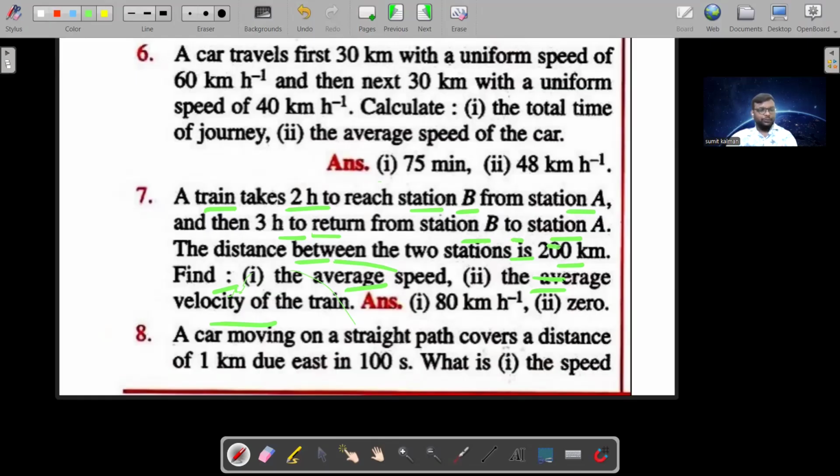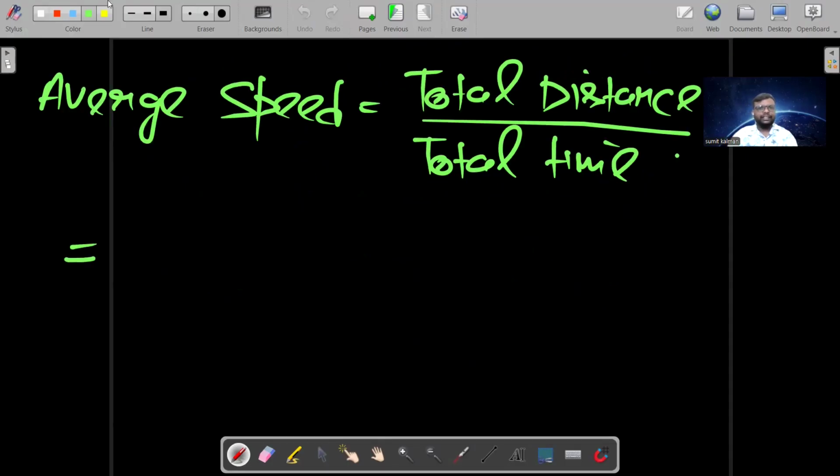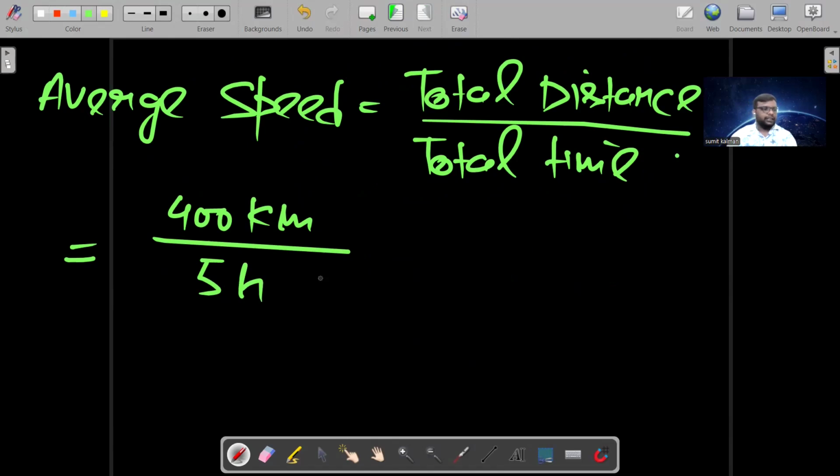So here, students, how much will be the total distance? 200 plus 200, so the total distance will be 400 kilometer. And how much will be the total time, students? Total time will be 3 plus 2, that is 5 hours. And students, if you calculate this, it will come out to be 80 kilometer per hour.